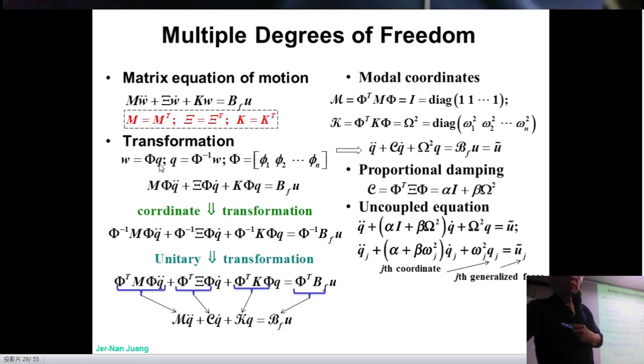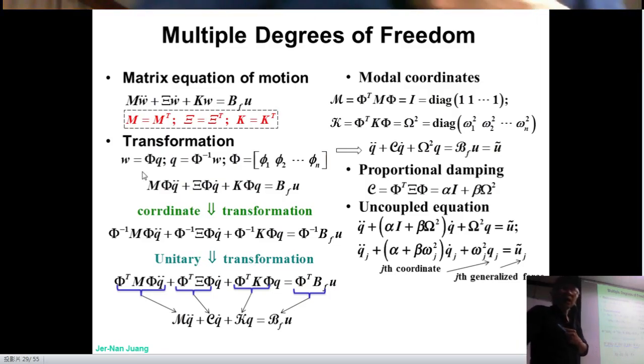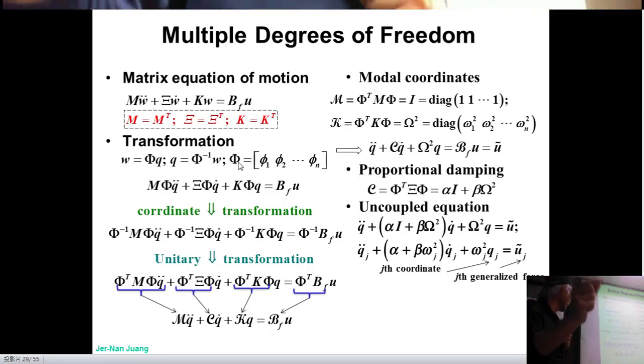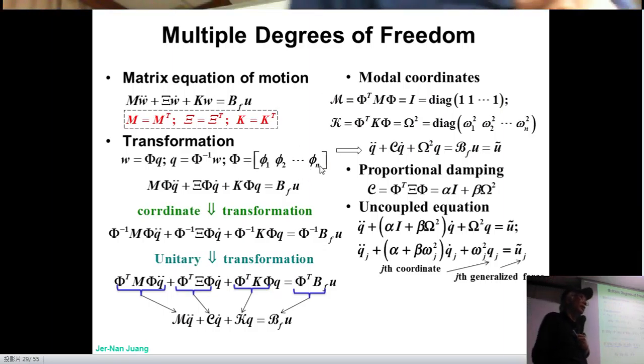And then for a linear system, we involve a square matrix called phi here. We assume that capital phi is invertible. That means we can invert it to become capital phi inverse, so that Q equals phi inverse W. Instead of W1, W2, W3, up to Wn, we have small phi1, phi2, up to phi(n).